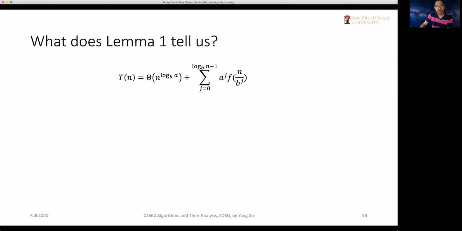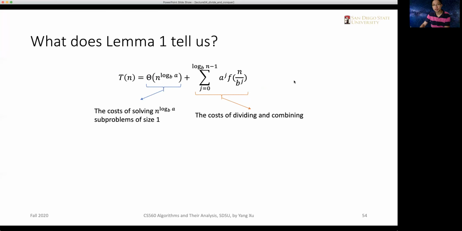The meaning behind these two terms is that n to the power of log base b of a is the cost of solving all the smallest subproblems, because that's the summation at the bottom level, and this right part is the summation of all the internal nodes. And we know that the internal nodes represent the costs of the dividing and combining steps.